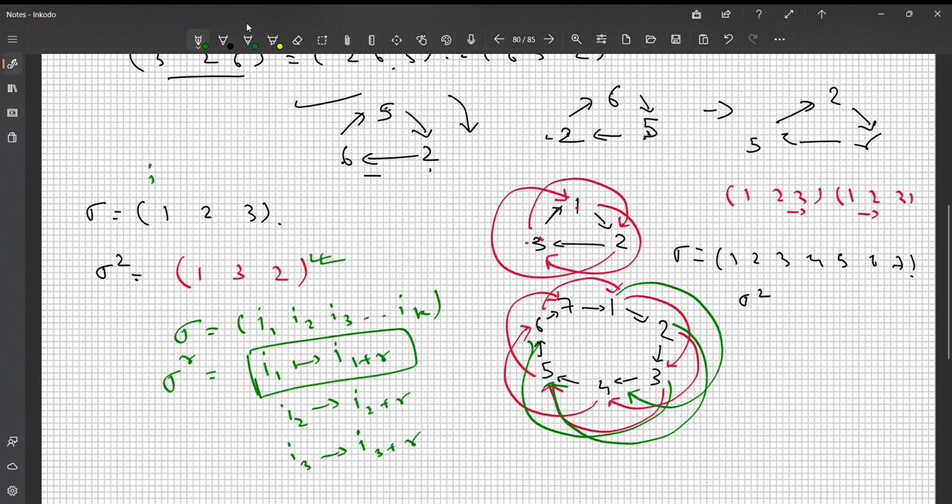Because after the nth element you will be coming back to the elements 1, 2, 3, 4, right? What I'm trying to say is that consider this example. Suppose you name these I1, I2, and I3. How does sigma squared work? By our notation, it sends I1 to I(1+2), so it sends I1 to I3, and that is obviously happening. I2 is mapped to I(2+2).